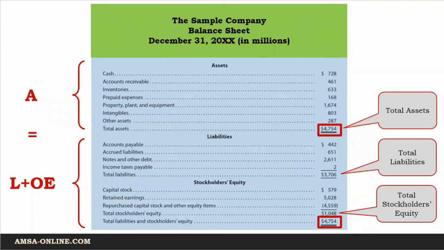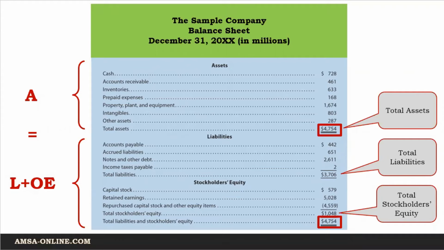The balance sheet of the sample company shows total assets as of December 31st of $4,754 million. Total liabilities at the same point in time amount to $3,706 million, and total stockholders' equity is reported at $1,048 million.